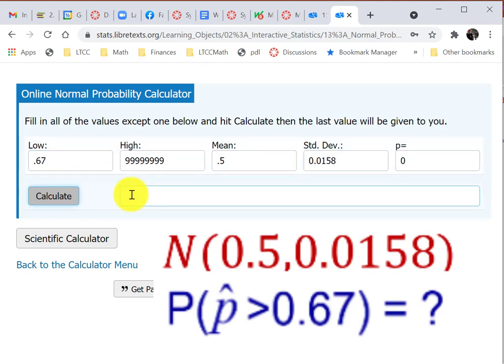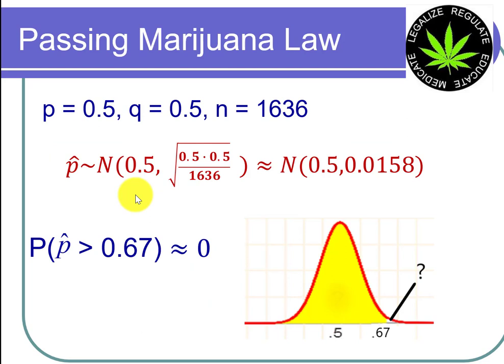So let's go back to the question and analyze it. What we found out was that the probability that P hat is greater than 0.67, or at least as big as 0.67, was basically 0, so close to 0 it's unimaginable.